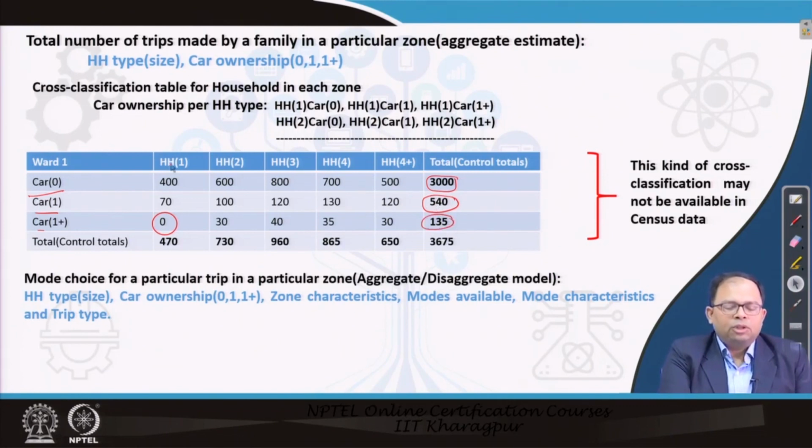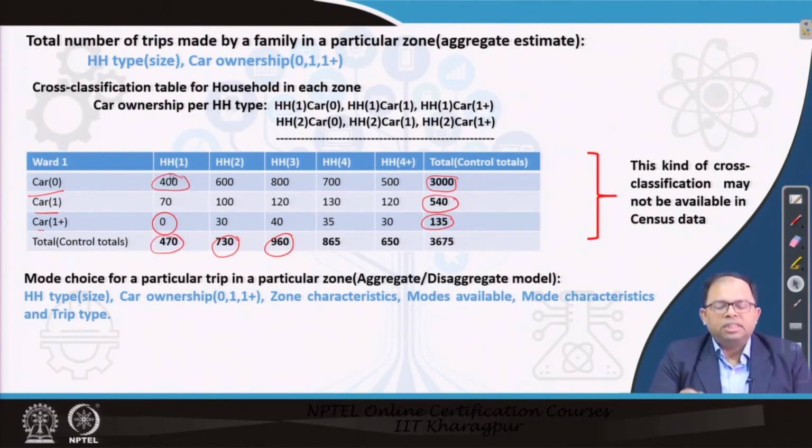Similarly, total number of household sizes are 470, household size 1, household size of 2 is 730 and 960 and so on. So, if we see, the census actually provides us with this major data. So, this kind of data is present, but we also want number of households with size 1 having 0 cars, but this data is not there in census.